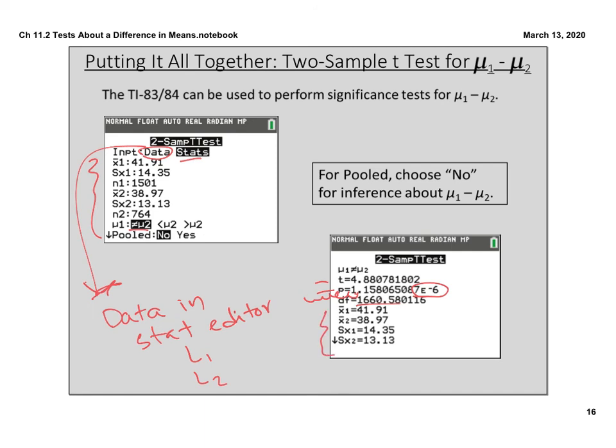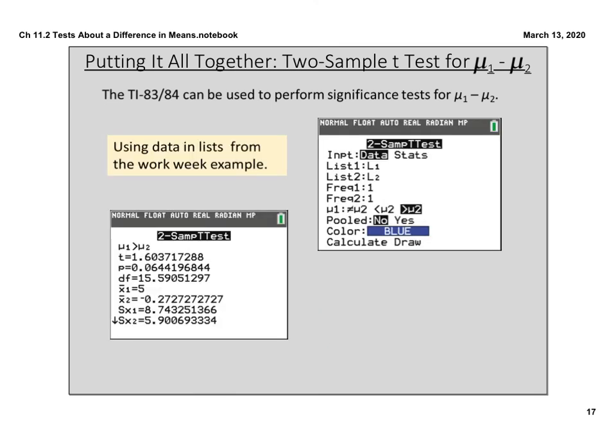For pooled, they choose no, and we're going to talk a little bit about why in a second. Here's the data. If we use data like we did in the previous example, L1, L2, pooled is no again. You get your test statistic, your p-value, your degree of freedom, and so on and so forth.